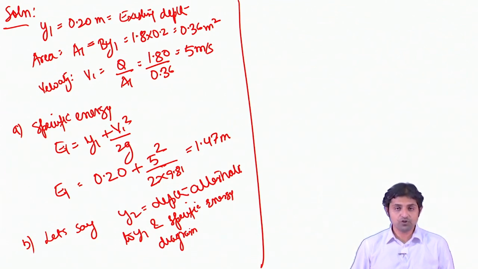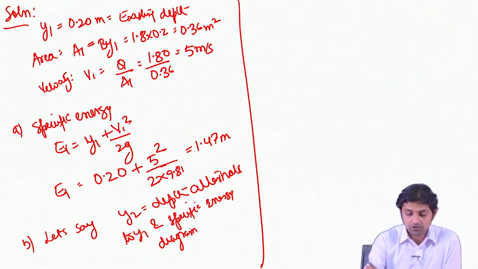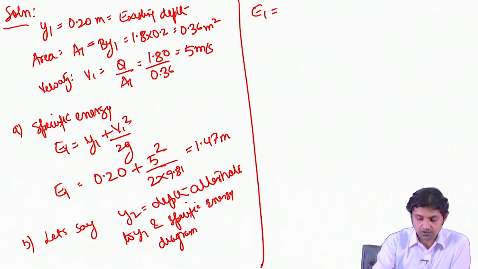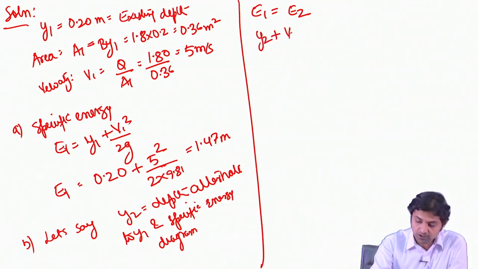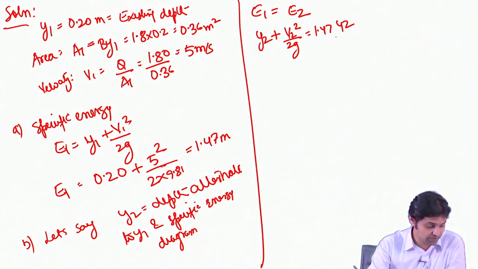So, the best way of solving this is through specific energy. Okay. So, we have calculated specific energy at one point, and now we are going to equate the specific energy at the other point. So, we write E1 is equal to E2, and E2 is y2 that we do not know, plus V2 square by 2g is equal to 1.4742, because that is E1 which we have already calculated.